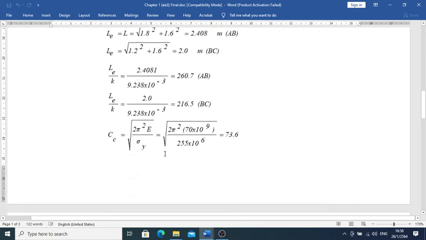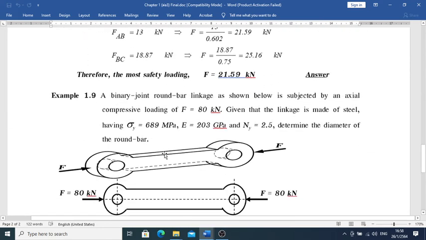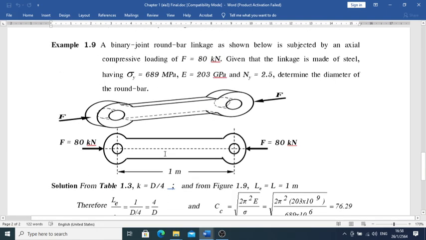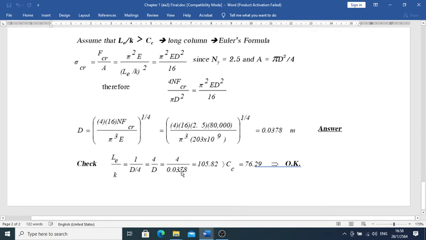Example 1.9 is a binary joint, a very good example. Have a look at it by yourself.